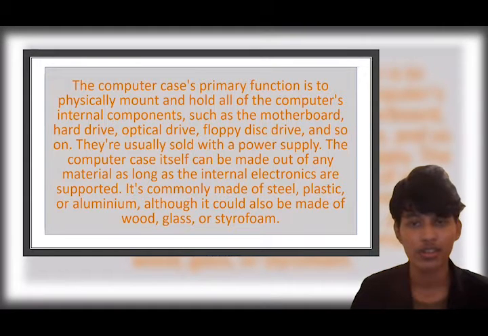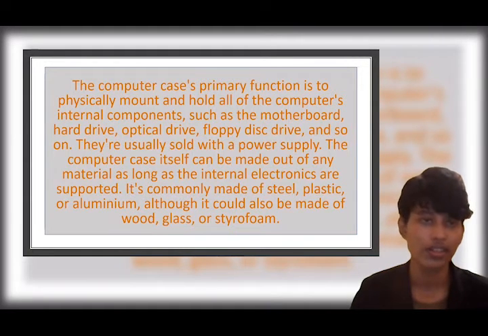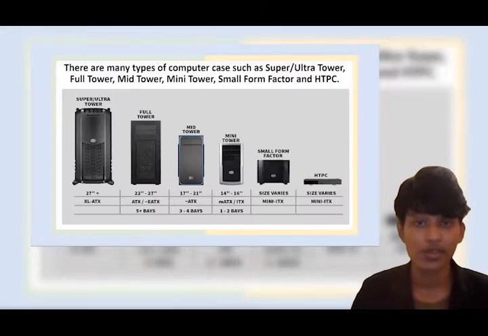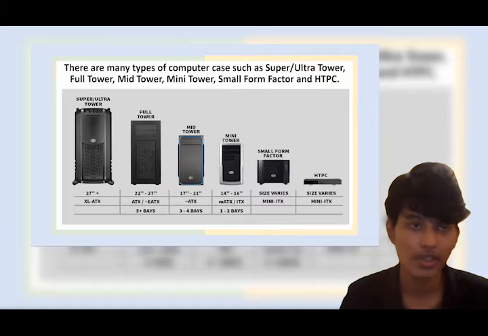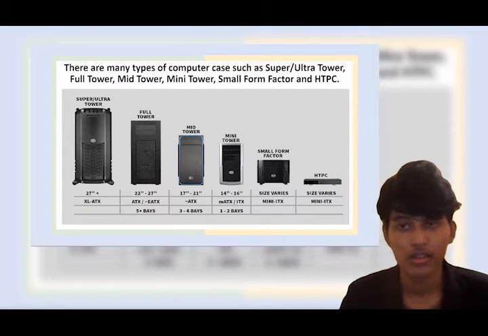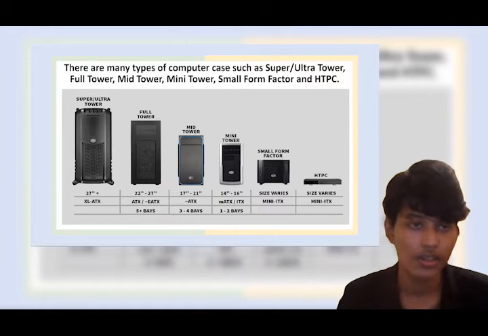It's commonly made of steel, plastic, or aluminium, although it could also be made of wood, glass, or styrofoam. Okay, based on this diagram, we can see there are many types of computer case such as super or ultra tower, full tower, middle tower, mini tower, small form factor, and HTPC.